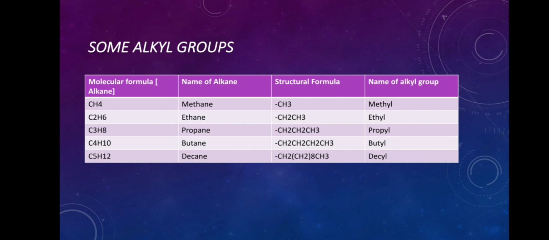In the alkyl group, we remove one hydrogen and that single bond is kept alone. Like a single bond CH3. In this, we remove one hydrogen and the suffix is changed. The ane will be cancelled and in the place of ane, we will add yl. Like methane, methyl; ethane, ethyl; propane, propyl; butane, butyl; decane, decyl.